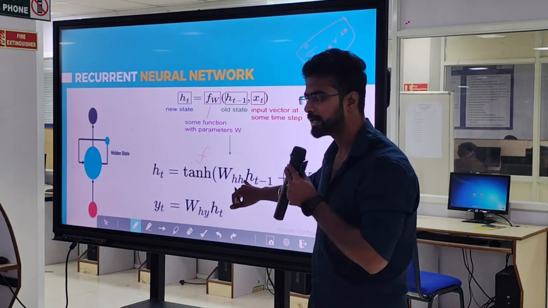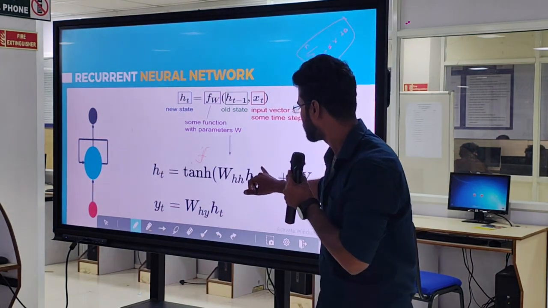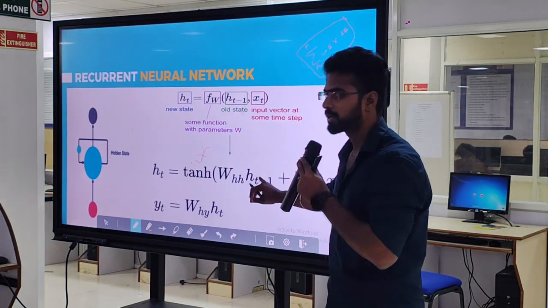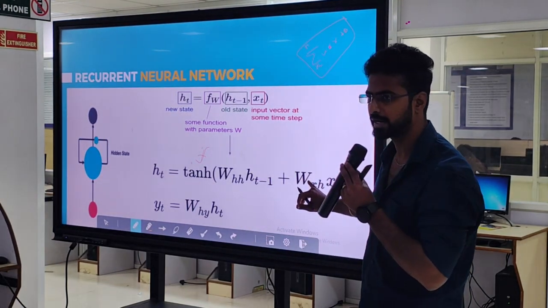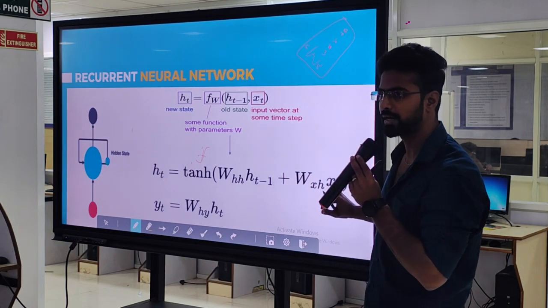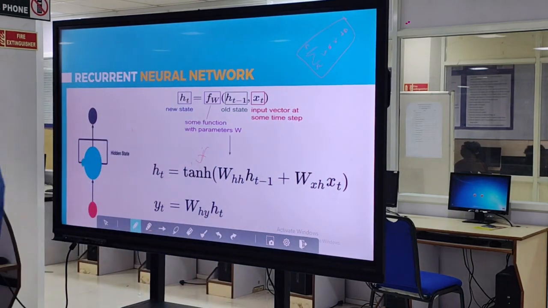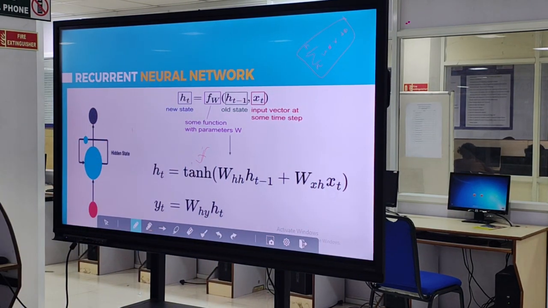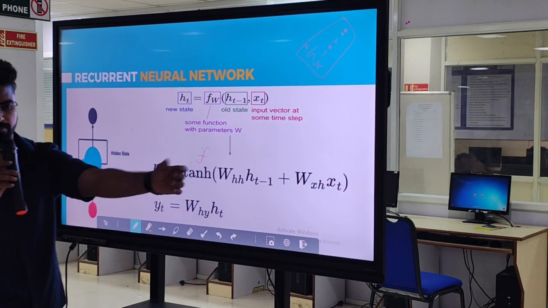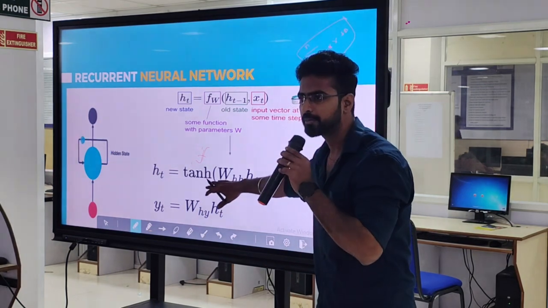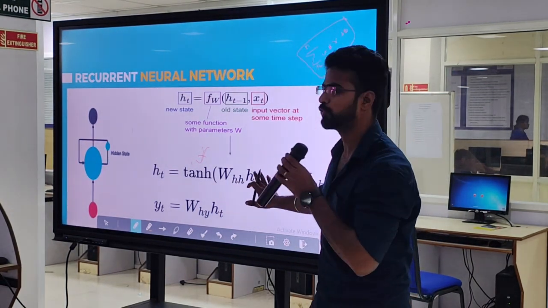And here W is the weight of the previous hidden layer and the previous hidden value, plus the weight of the current time step neuron and the current input. Now tanh, this is a weight of the previous hidden state, and this is a value of the previous hidden layer.